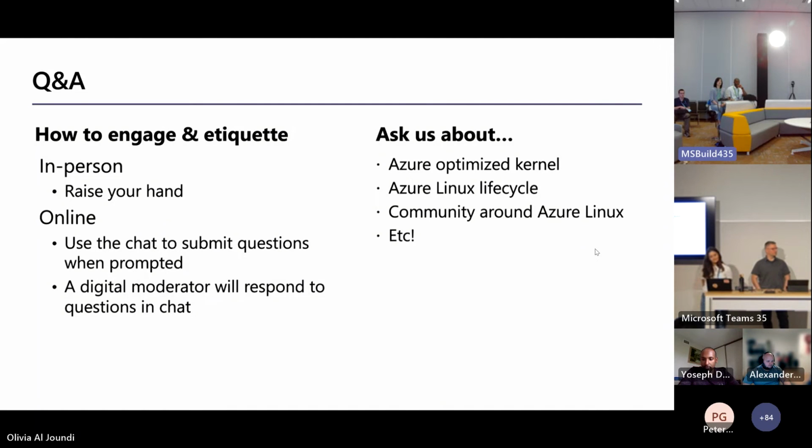I don't see any scenario in which we would ever remove it, just given the popularity of that distribution, particularly for customers that are looking to run multi-cloud. So yeah, no real change in that respect. I guess the other point there is, as of today, even though we're announcing GA of Azure Linux, Ubuntu will remain the default operating system.